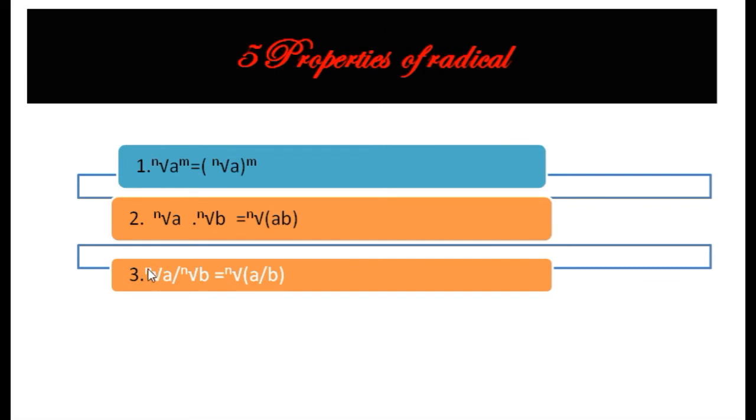Here the value of n is the same. If the index is the same, then we can write both in a single root. So let's see the example related to this property, so you will be able to understand easily. First we will write the property here.